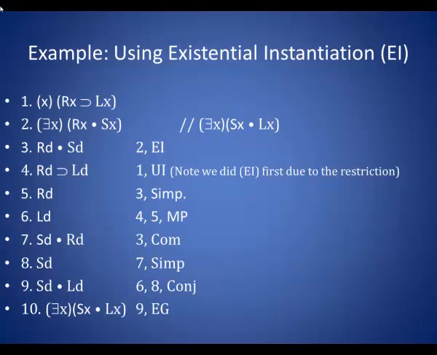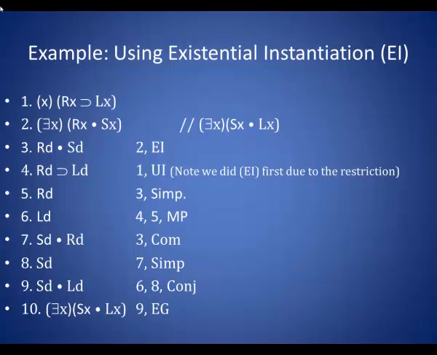Look at line 10, you'll see that it matches my conclusion, so my problem is complete. Now again, the big thing to take away from this is that when I'm using EI, I have to introduce a new constant that is not in any previous line nor my conclusion. That's the reason why we EI'd before we UI'd. Once I did that, we can just simply use our rules of implication and arrive at our conclusion.